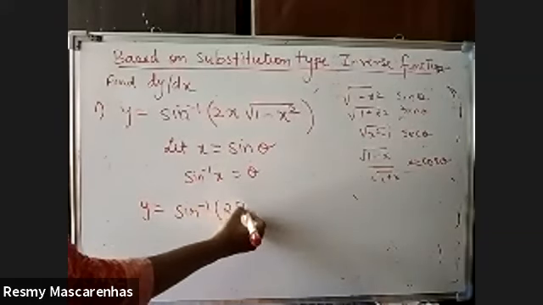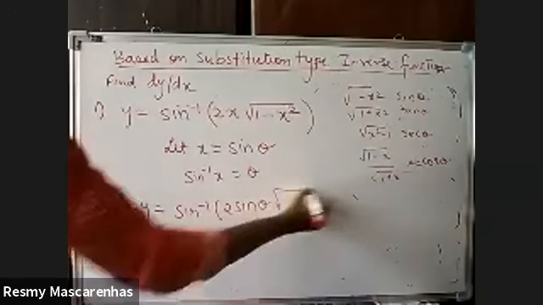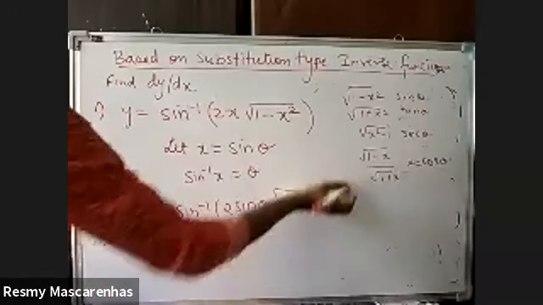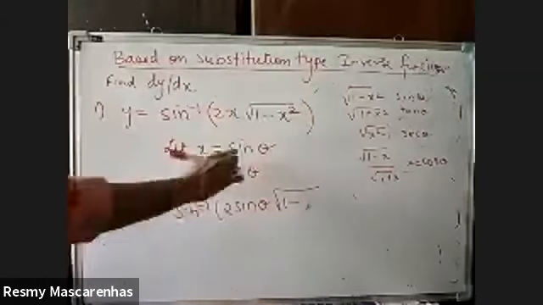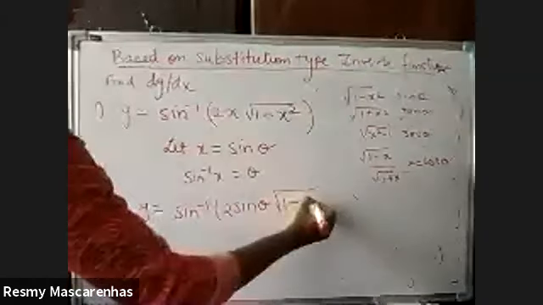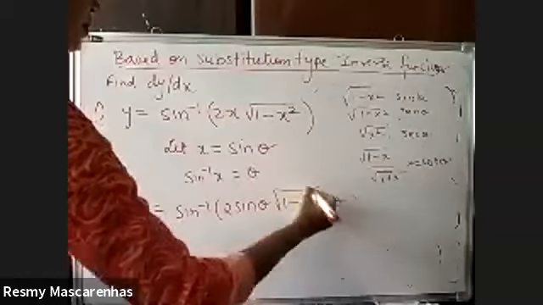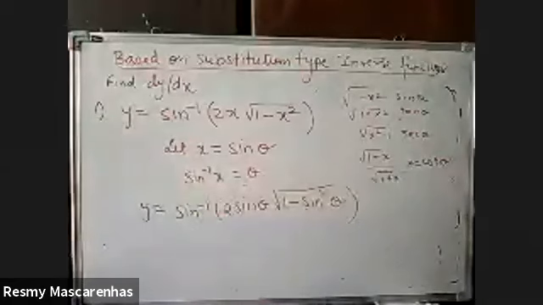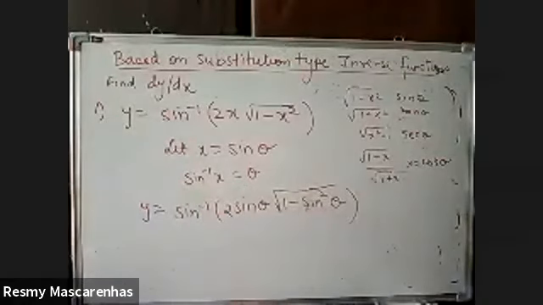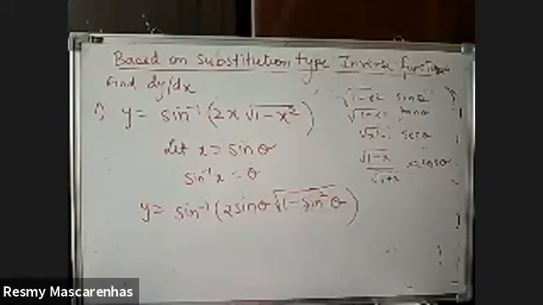So this is x square, so sine square theta it will become. So root of 1 minus sine square theta.